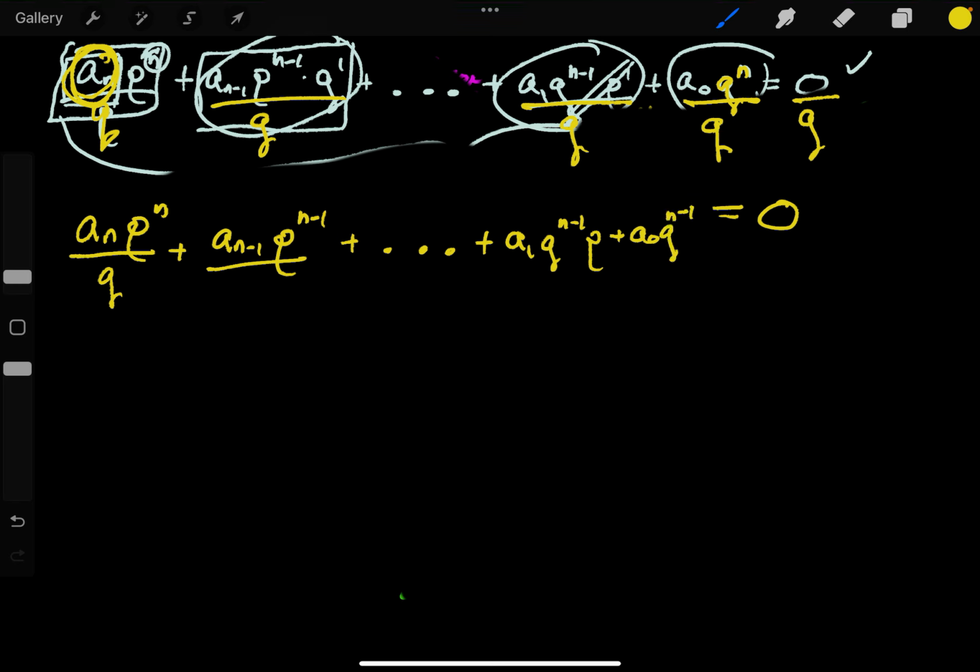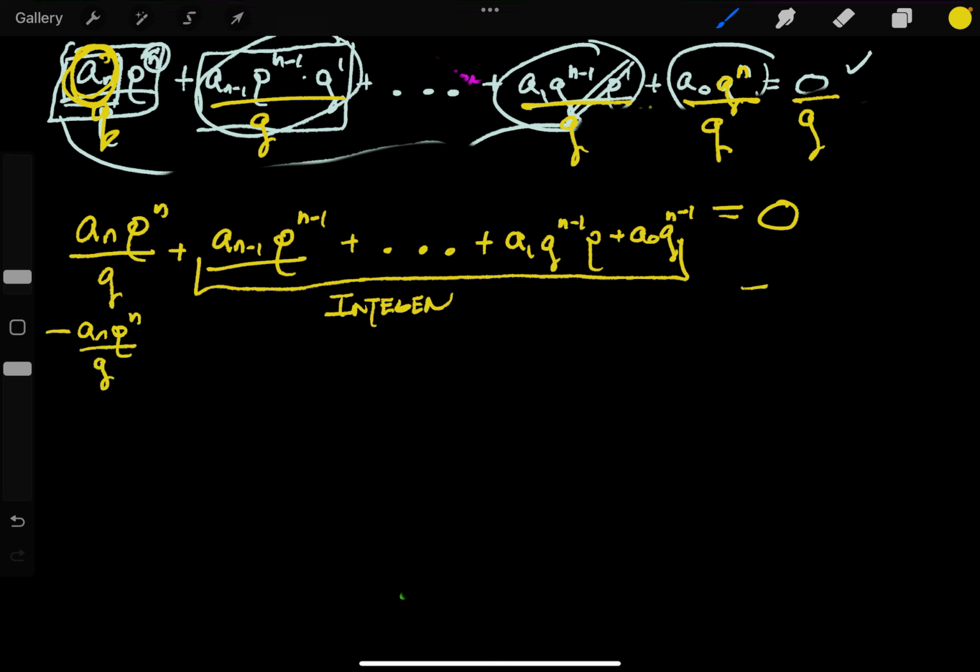And again, I make a similar argument. This whole thing is an integer, right? So let's move this over to the side to make a conclusion. Minus this on both sides. This cancels. This whole thing is an integer.